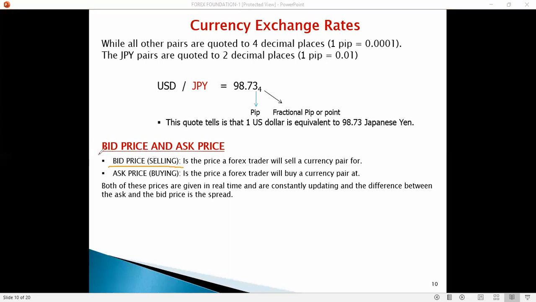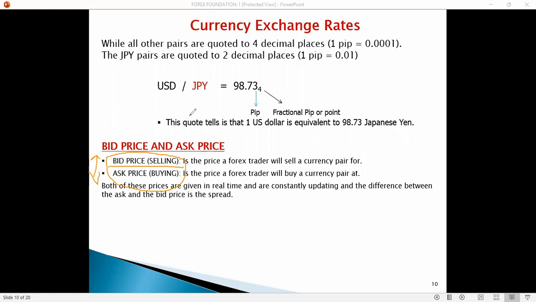So all of this, the bid and ask price, is from the market. The market is the one presenting these two to you. You are not the one presenting it to the market. For example, you as a trader are acting as the market.